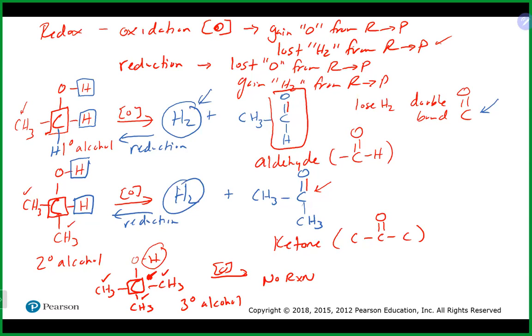So oxidation makes the aldehyde for the primary, ketone for the secondary. If you actually want to reduce it back down to the alcohols, you just add the hydrogen back, and it would go back at the double bond spot, just like with the alkane. Any questions on any of those reactions that we talked about last time there?